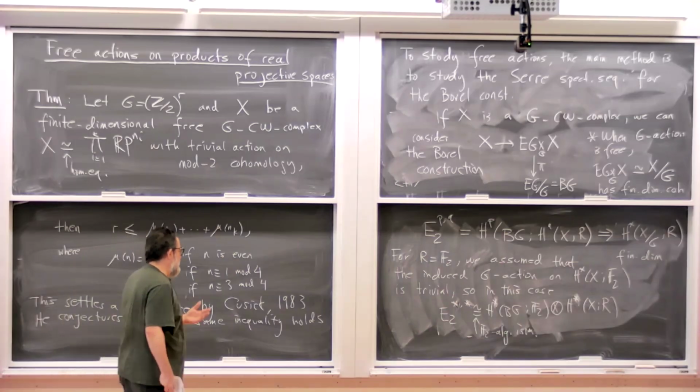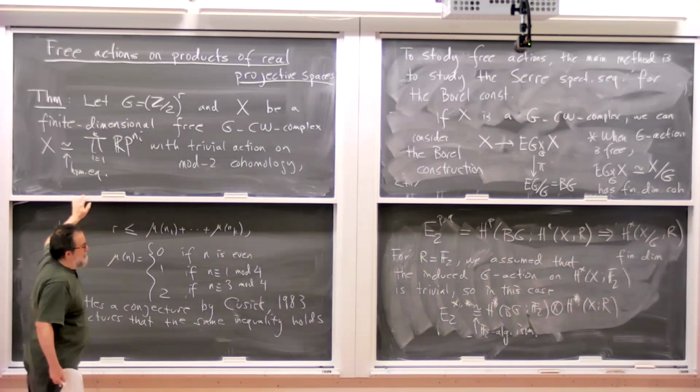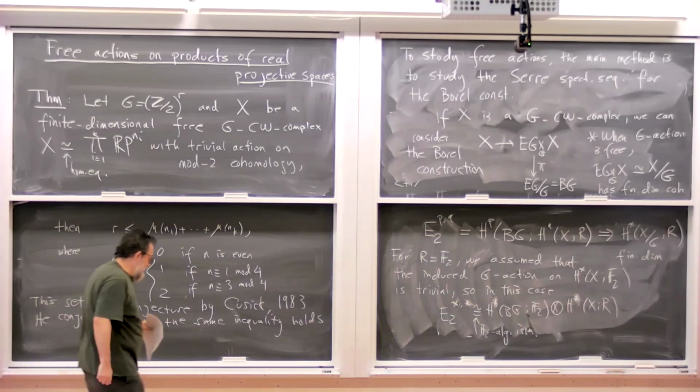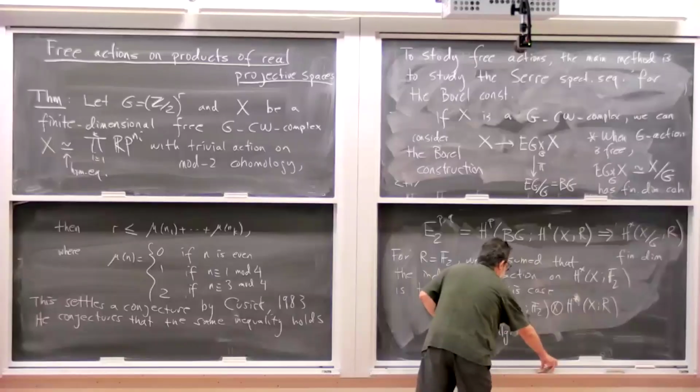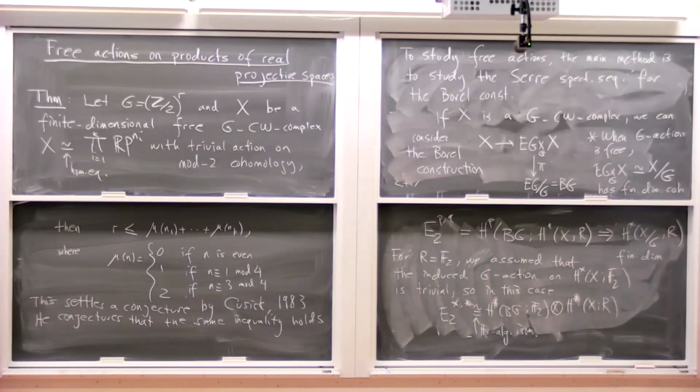That product structure respects the differentials. So the spectral sequence has a product structure. We have very easy cohomology, which you can calculate.